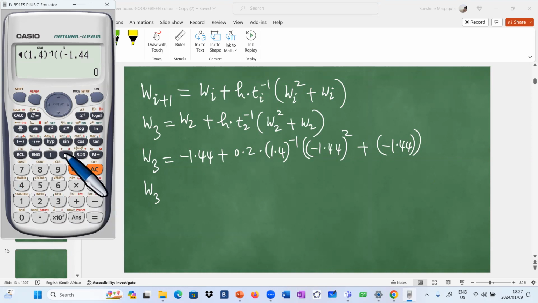Just like a plus because it's squaring, but it's okay.